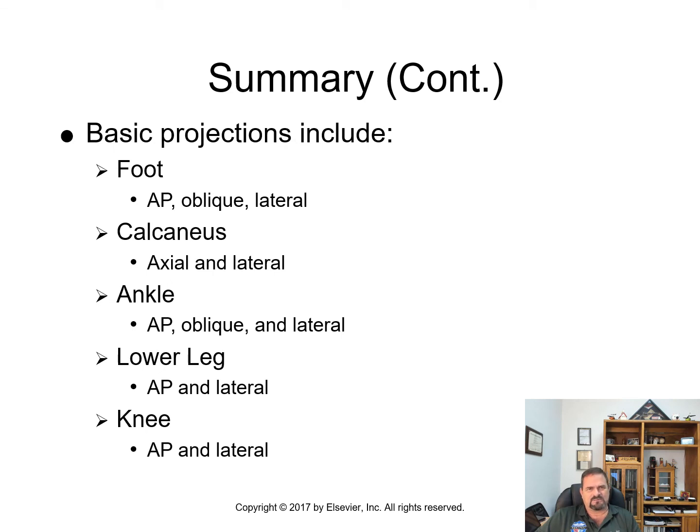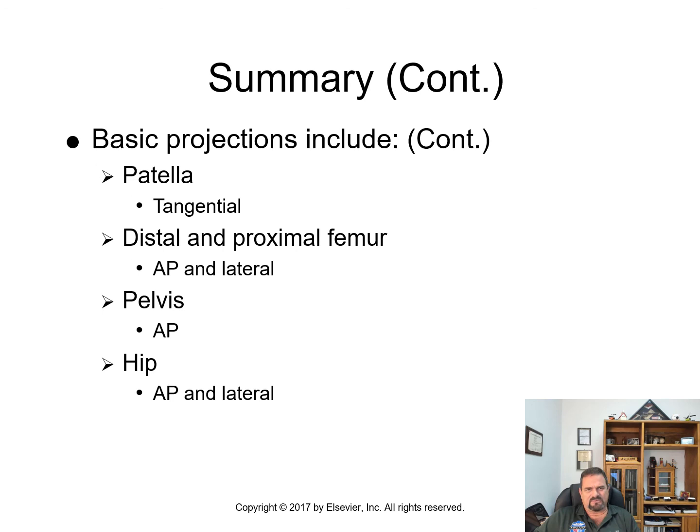Basic projections to include all of these: the foot, both AP and oblique and lateral, the calcaneus, axial and lateral, ankle, AP, oblique and lateral, lower leg, AP and lateral, and knee, AP and lateral. Also for the patella, tangential, distal and proximal femur, to include AP and lat, pelvis AP, hip AP and lat.